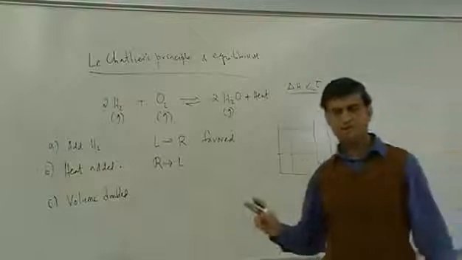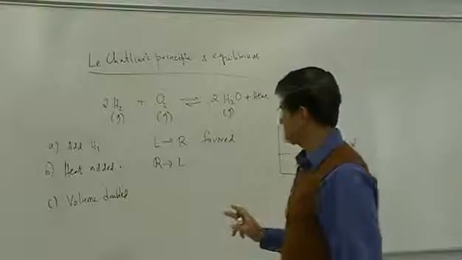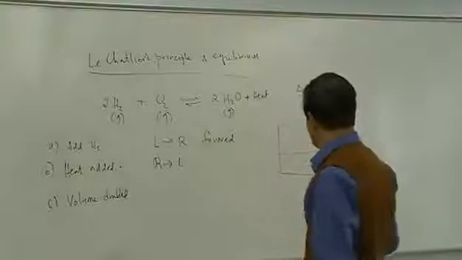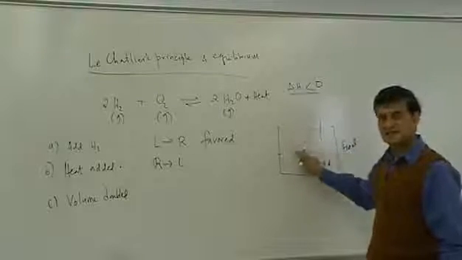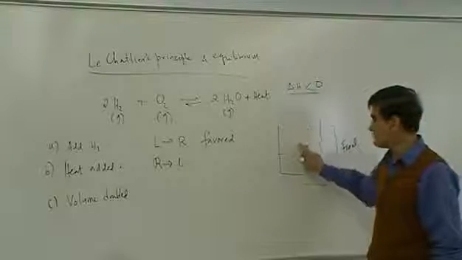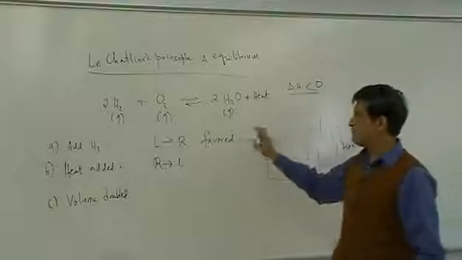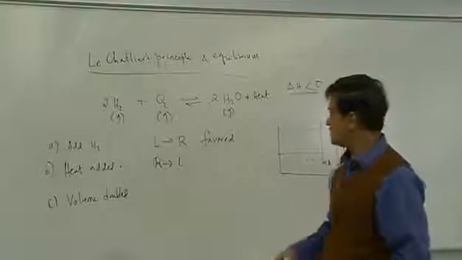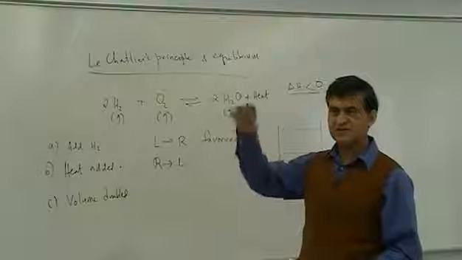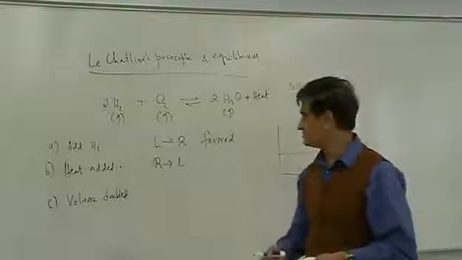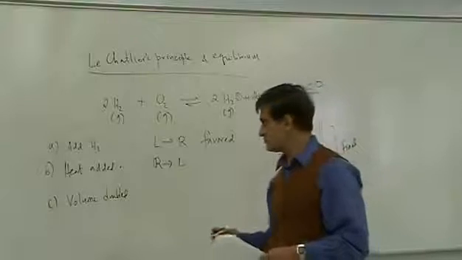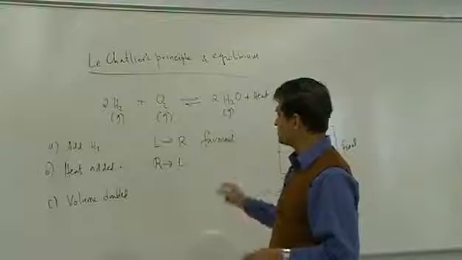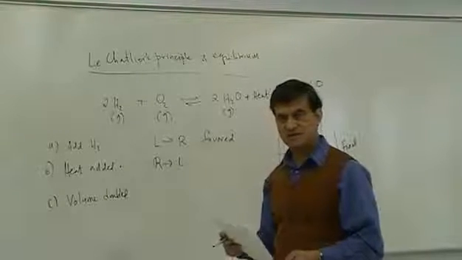Now, before you apply Le Chatelier's principle, you need to first think about what is happening here. When you double this volume, I made extra space. That means I can fit in more molecules. So now you can apply Le Chatelier's. Now you change the equilibrium, made extra room for extra molecules. That means you need to produce extra molecules. So think about which direction of reaction would create extra molecules.